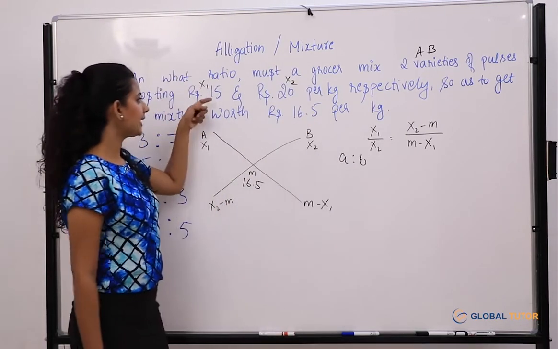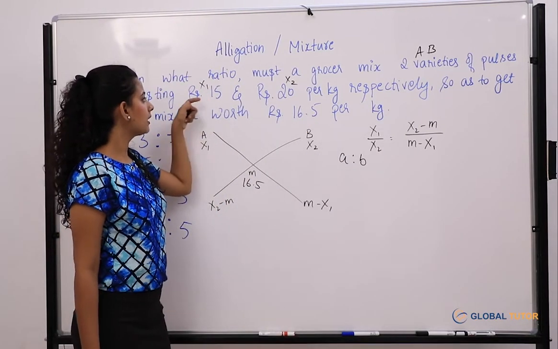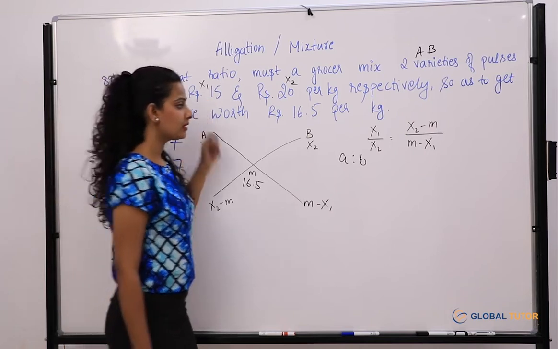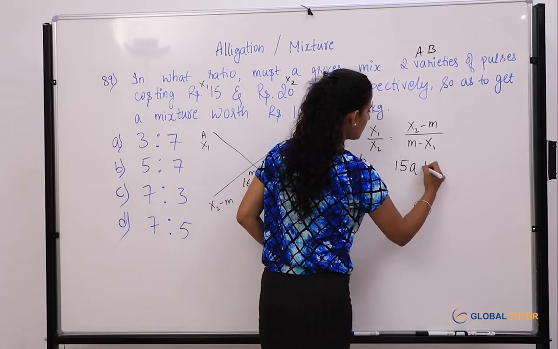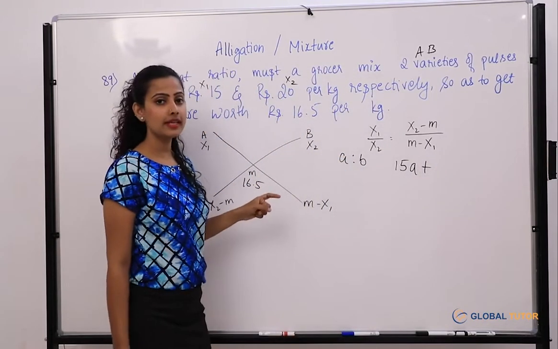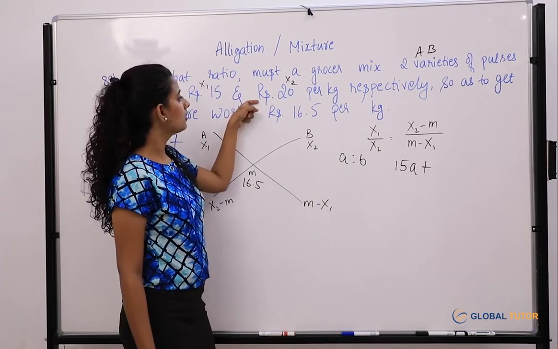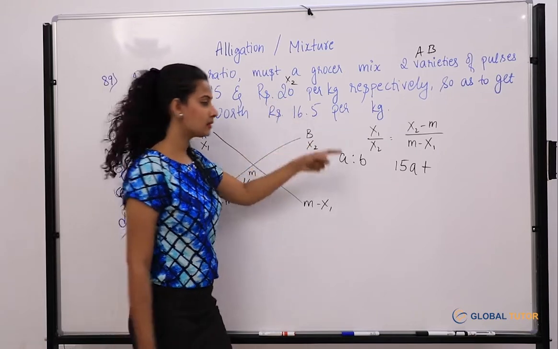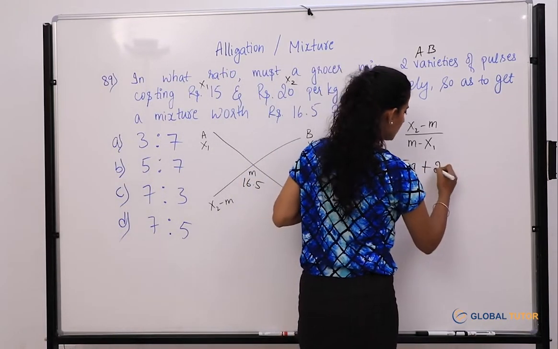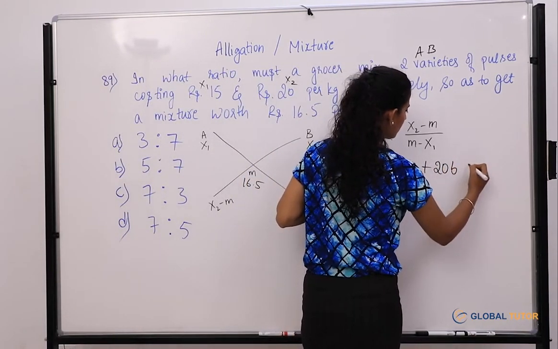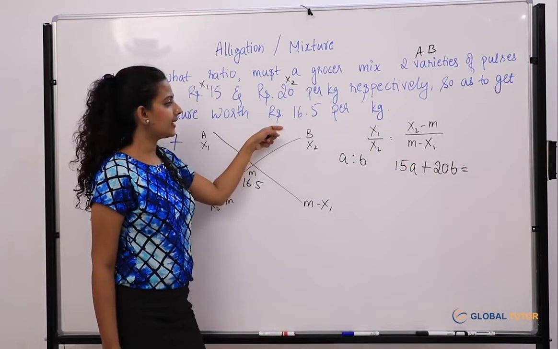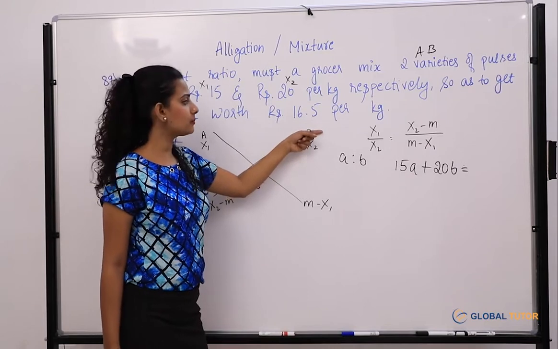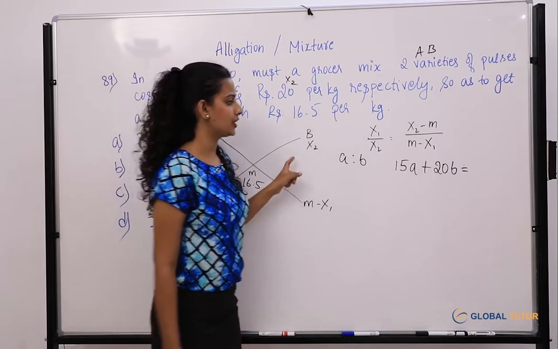Now, quantity A is taken as rupees 15, right? So, we can write it as 15A and the substance B is taken at the rate of rupees 20. So, let's write that as 20B is equal to, they said the average rate is 16.5 per kg.